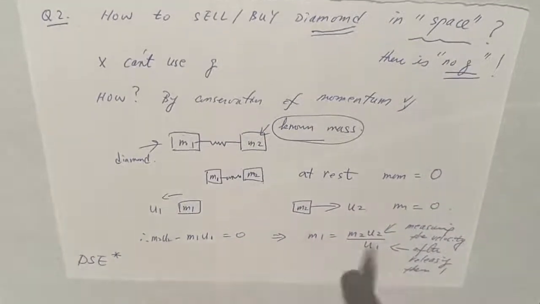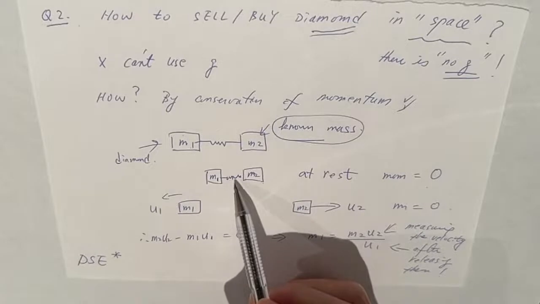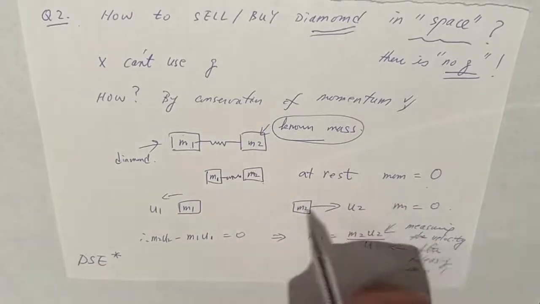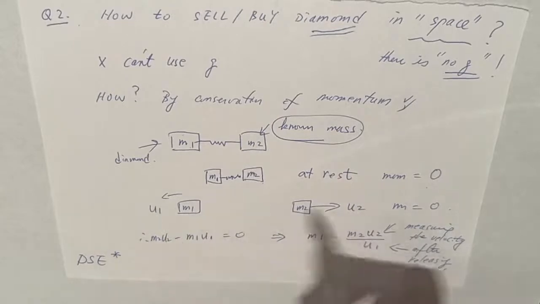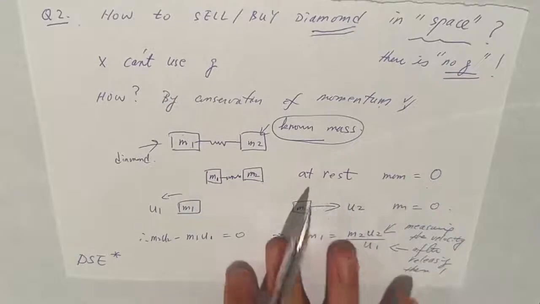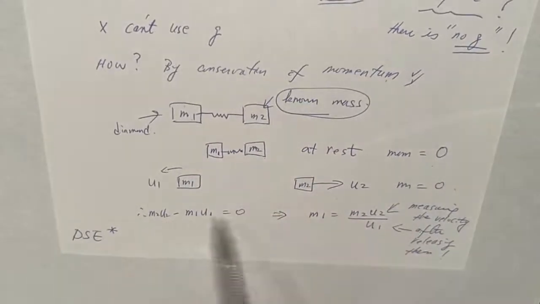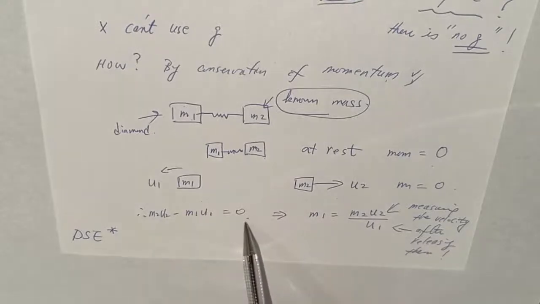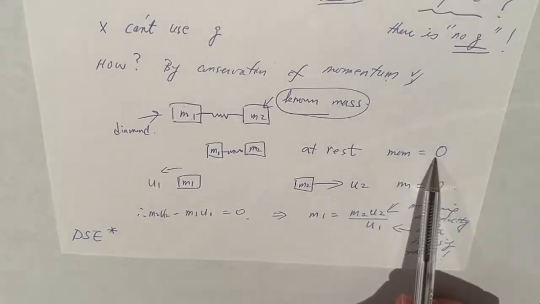Now, you cut this spring. The masses m1 and m2 will move in opposite directions, right? But due to conservation of momentum, the momentum after the string is cut is also equal to 0, equal to before.